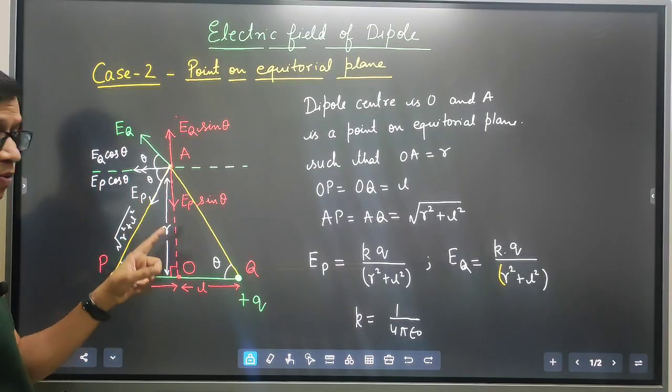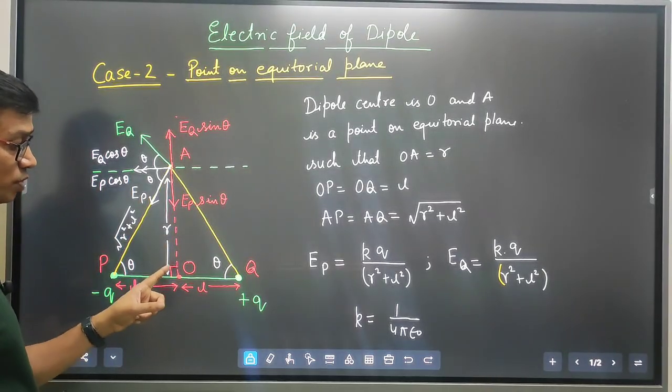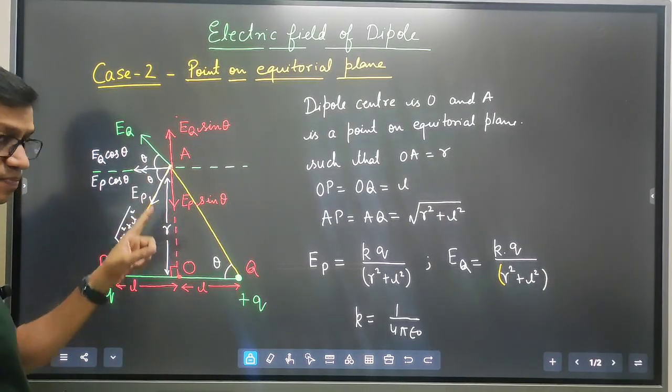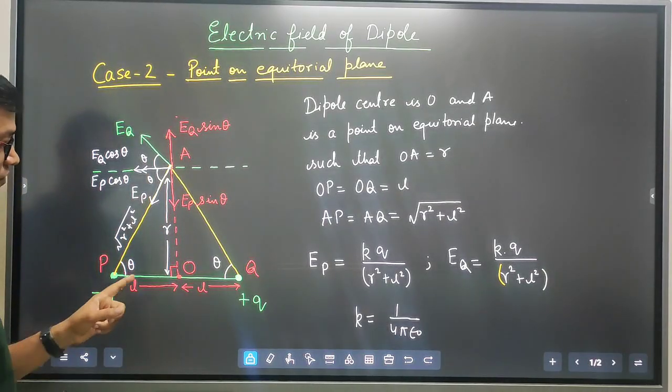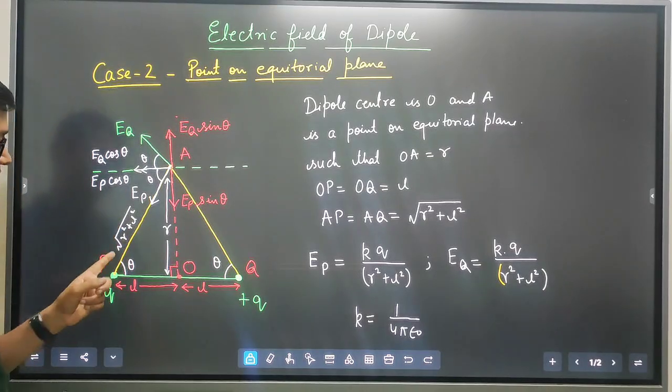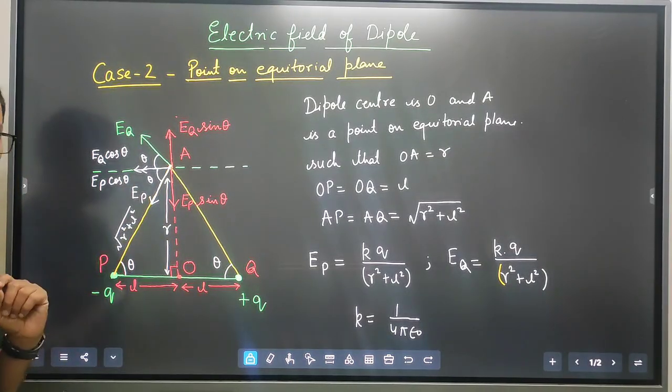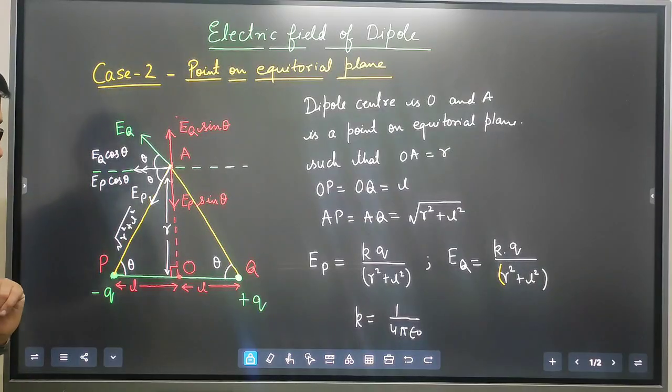Always remember in the numericals, the formula has to be applied in a way that the distance is considered from the center of the dipole. This is R, this is L, that means the hypotenuse AP or AQ would be square root of R square plus L square, very simple.